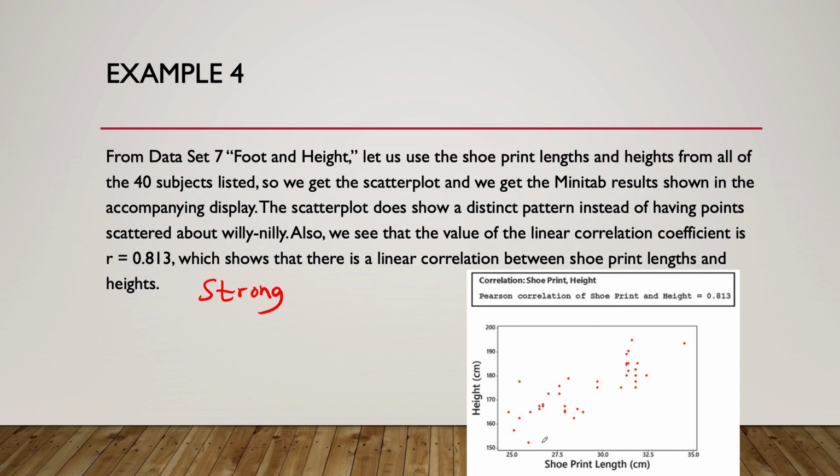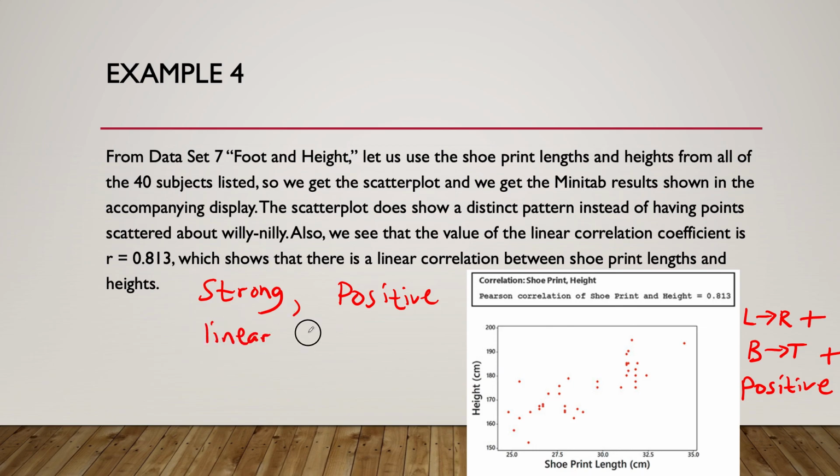And because from left to right it increases, and it increases from bottom to top, this is going to be a positive linear relationship. So this is a strong positive linear relationship.